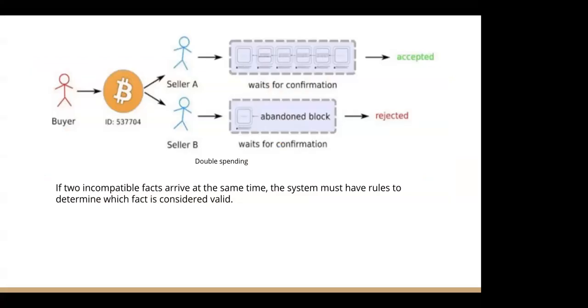So there is usually a problem which we need to prevent, that's called double spending. We don't want that if you have 5 bitcoins, you should be able to send 5 bitcoin to one address and 5 bitcoin to another, because you can only send to one address, right?